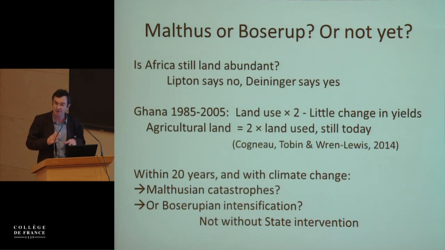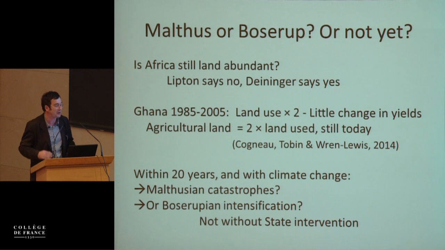I have no time to develop. Even the increase of the land per capita is largely due to the recovery of the cocoa sector. But what I feel is most striking is that you have a doubling of land use with also, according to our calculations, little change in yields.